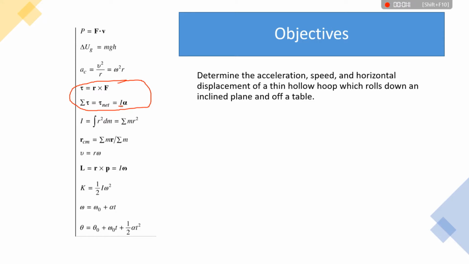I is inertia, so that's my moment of inertia. It's kind of equivalent to a mass almost. So this moment of inertia times alpha. What is alpha? Angular acceleration, which is our angular equivalent to acceleration. Okay, cool.